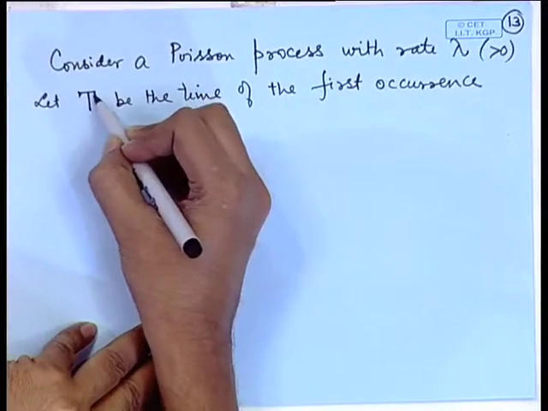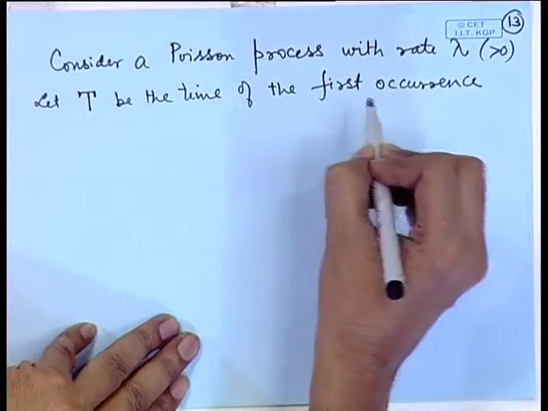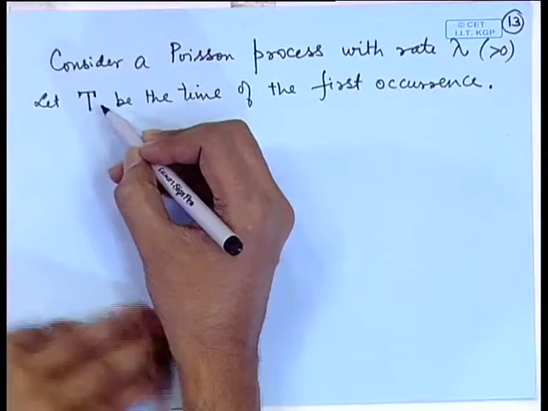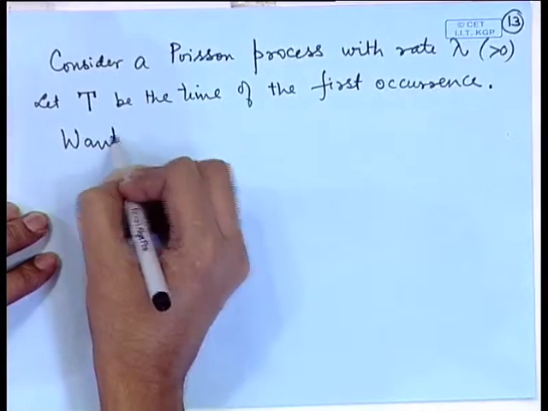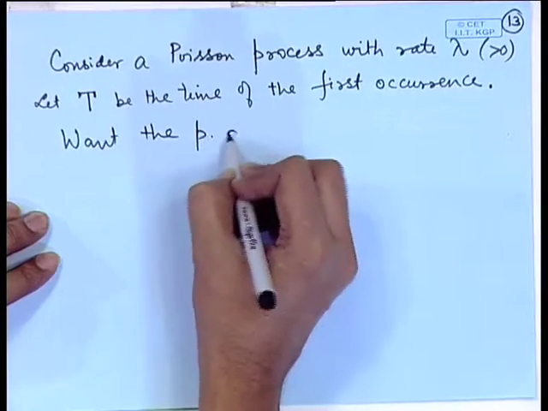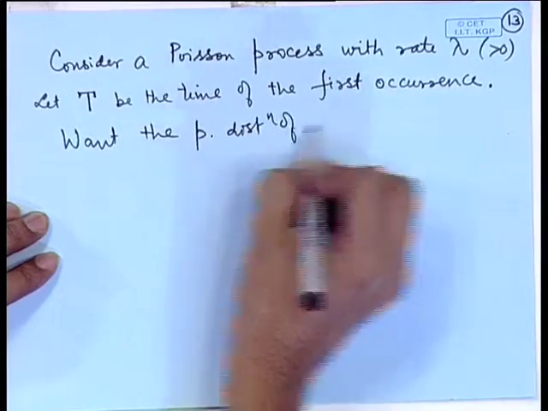Now, when I am standing there, I start observing when the first accident takes place. So, if we consider T as the time of the first occurrence from the time when we start observing, then T is a continuous random variable, because it is the time. So, we want the probability distribution of T.